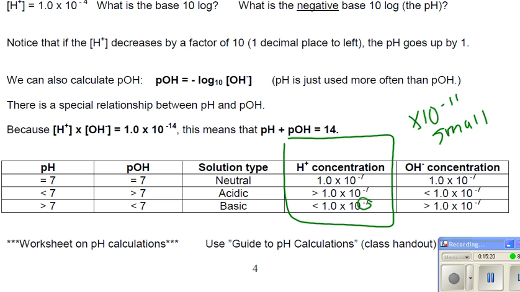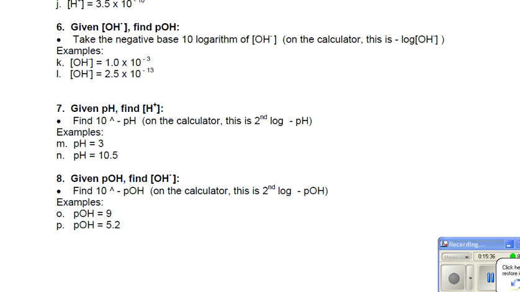So this would be a basic solution. We just solved for N. I said it was basic with a hydrogen ion concentration of 3.16 times 10 to the negative 11.